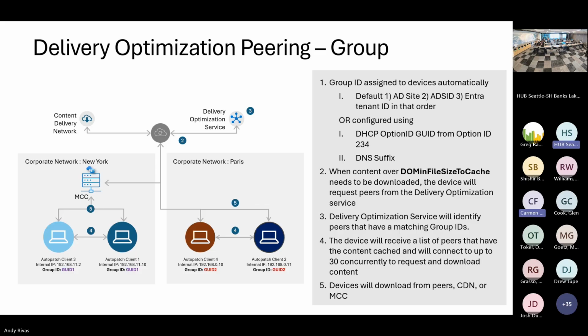So in this case, you can see that groups would be helpful. Say you had one WAN and you've got New York and LA and you don't want devices peering across that, then you can set up groups at those locations to ensure local delivery. We have over 1,000 locations that we don't want them. Exactly. Yes, exactly. That's where you would want to set up groups.